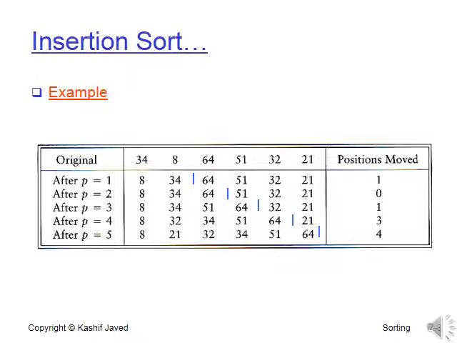Let's take an example and look into the detail of the table. Here we have an array with 6 data elements. The elements are 34, 8, 64, 51, 32, and 21. We start by dividing the array in sorted and unsorted section.